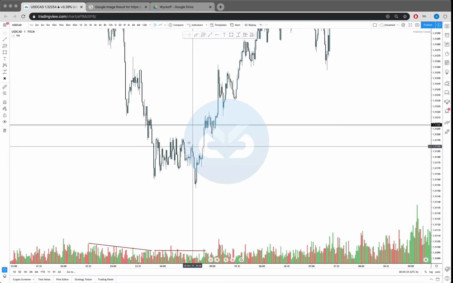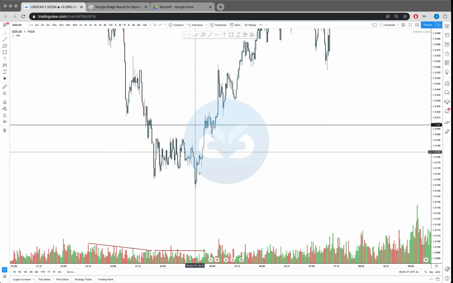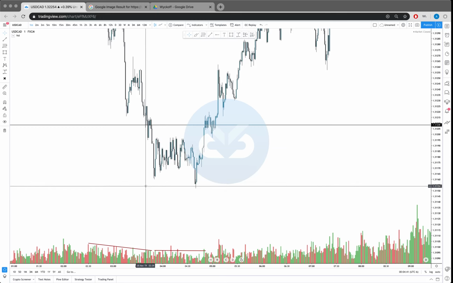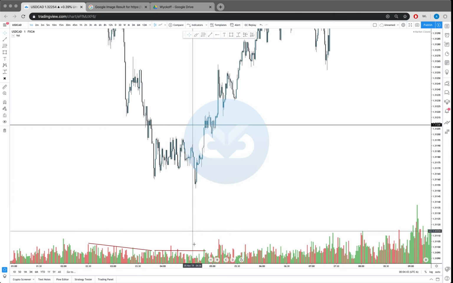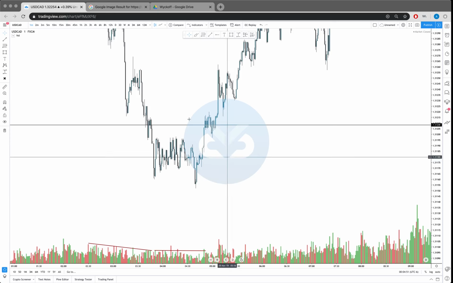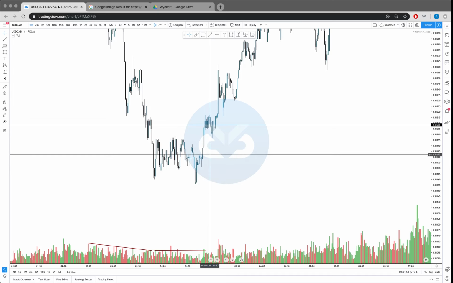That means it's being deliberately caused in order to take out buy side liquidity. So inevitably this is going to reverse, which is what it did. That would have been your entry, anywhere here. You just got a spring of reaccumulation. This could go far, especially from a higher time frame perspective.